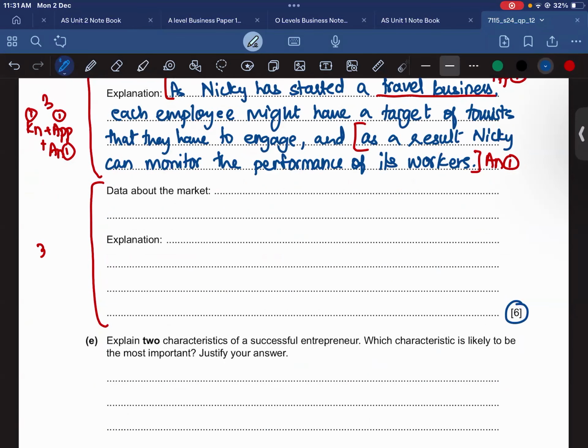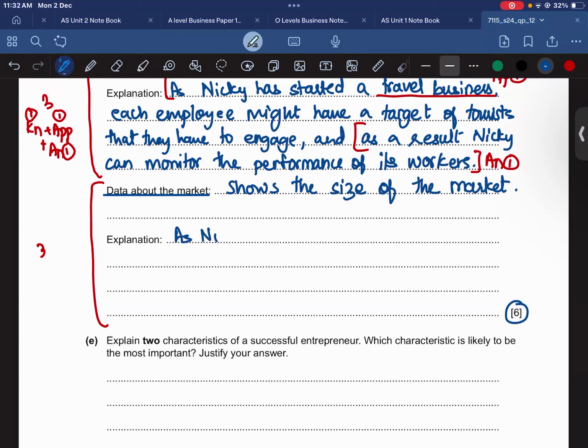Moving on to the data about the market. Now, how can data about the market help a business such as Nikki's business? So you can write it shows the size of the market. Then there will be your application and analysis in the explanation.